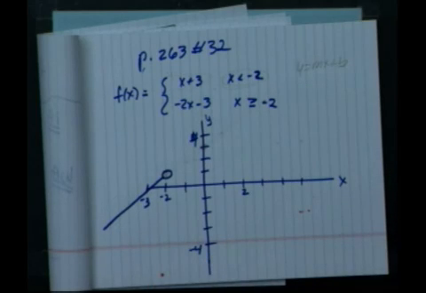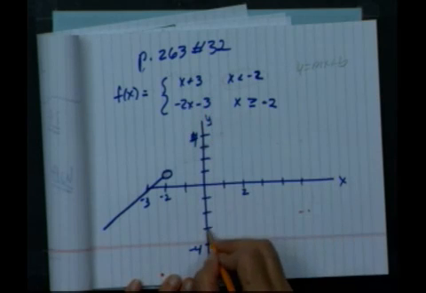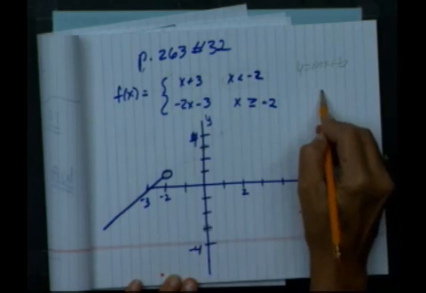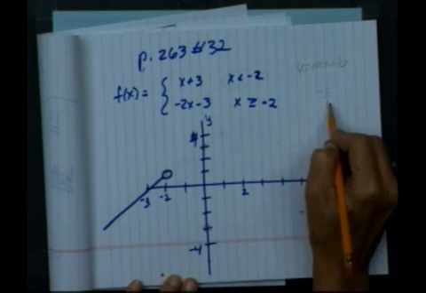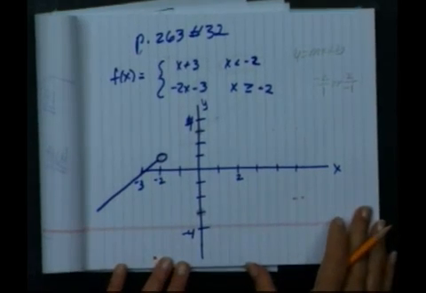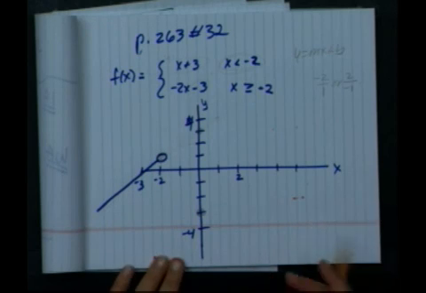Okay, the next one is -2x minus 3. So -2x minus 3 has a y-intercept of -3, and the slope is -2. So that's -2 over 1, or the same thing as 2 over -1, correct? Which way do I want to do it? I guess I'll go down.